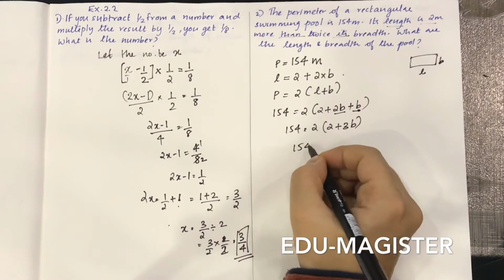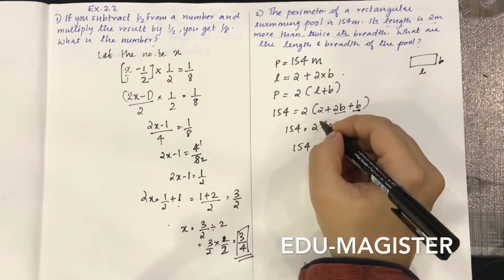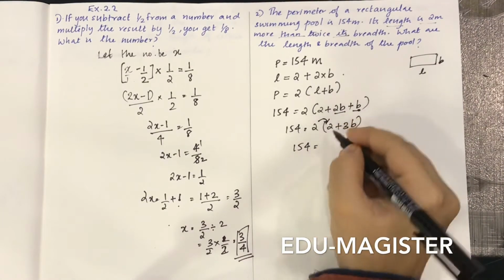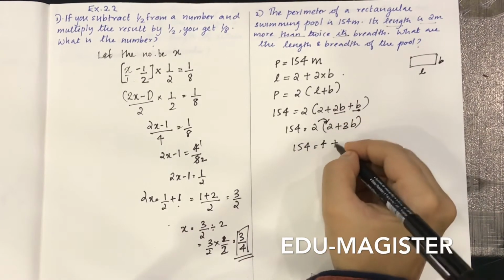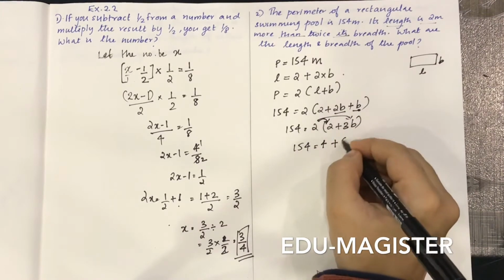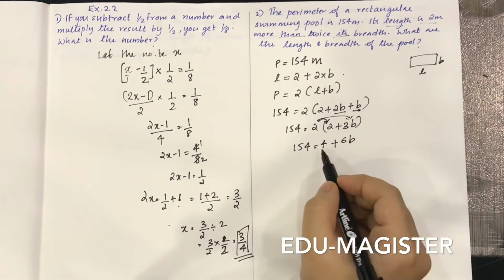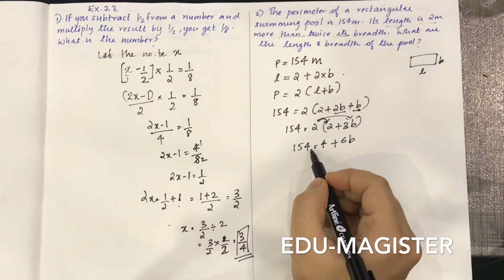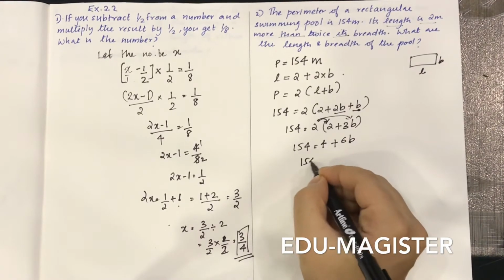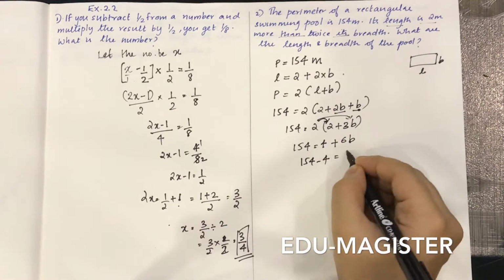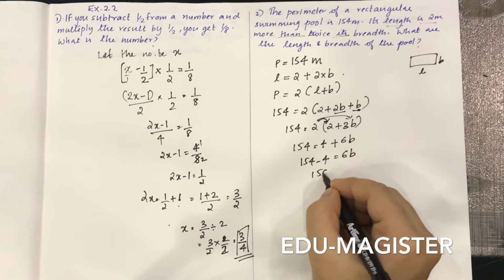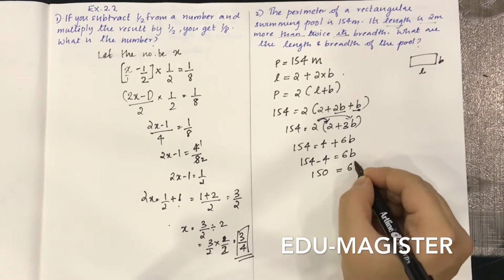So 154 is equal to, now when opening the bracket you have to multiply the terms like this. 2 into 2 is 4 plus 2 into 3B is 6B. Here it is positive. When you take it to the other side, it becomes 154 minus 4 is equal to 6B. 150 is equal to 6B.